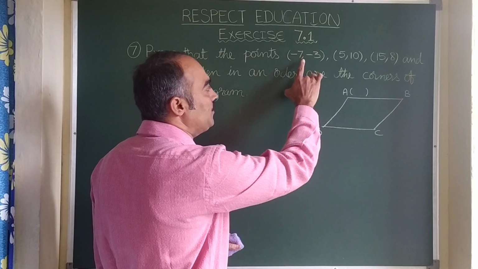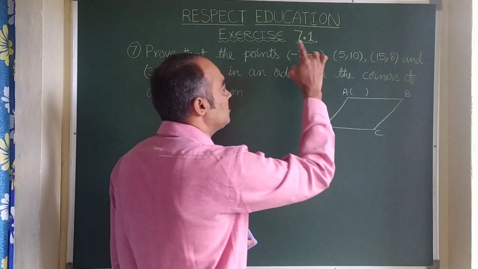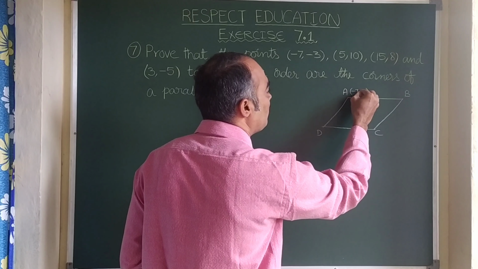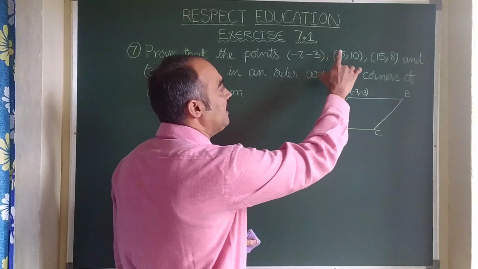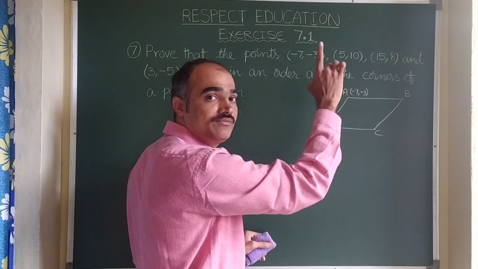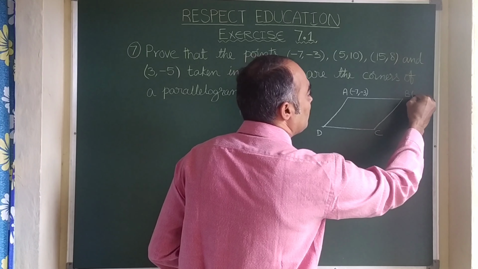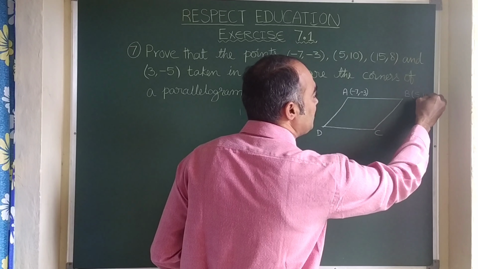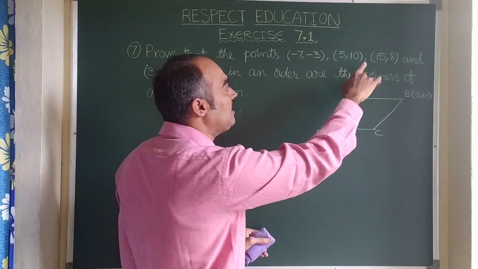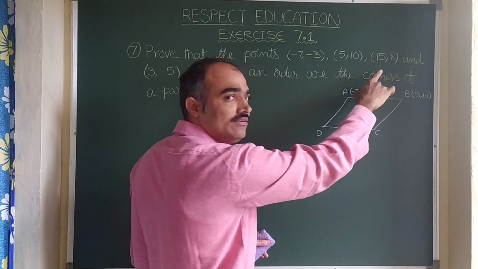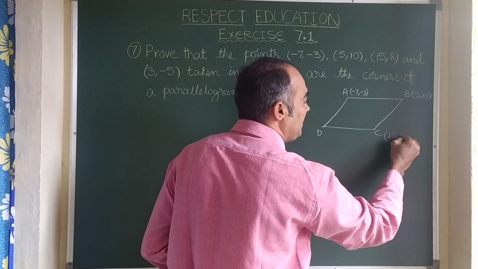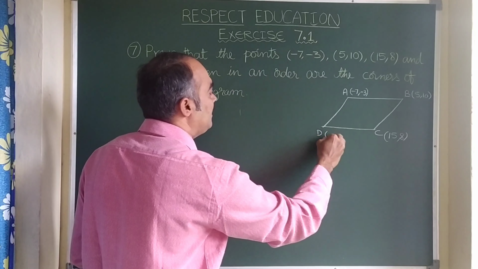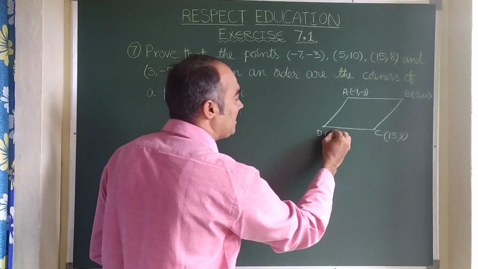For example, if we take (-7, -3) as A, then the next point (5, 10) should be B. In the same order, (15, 8) will be C, and D is (3, -5).